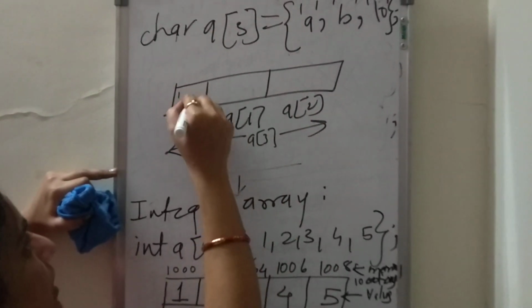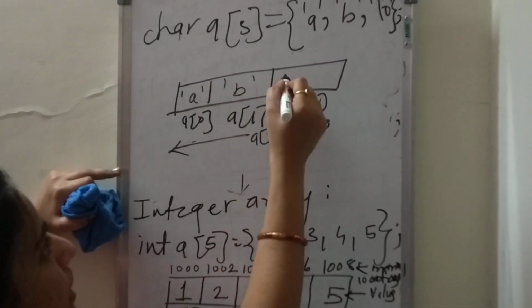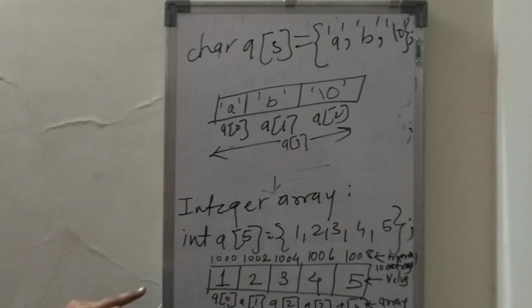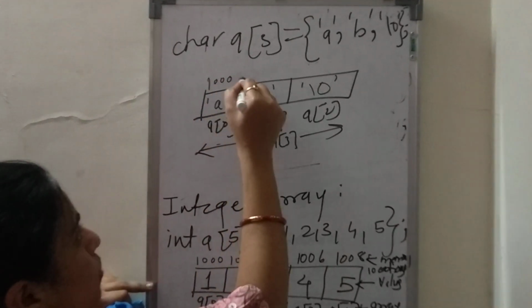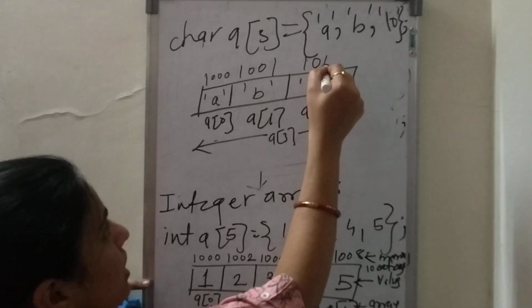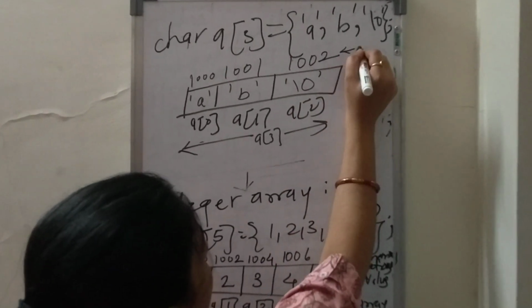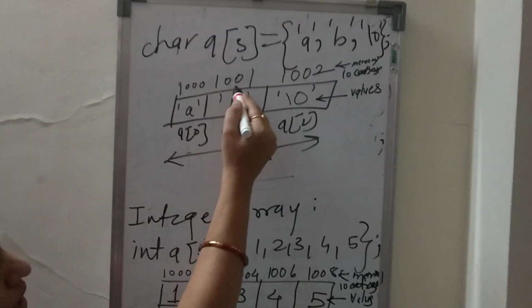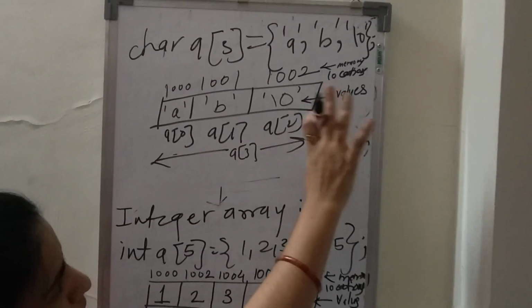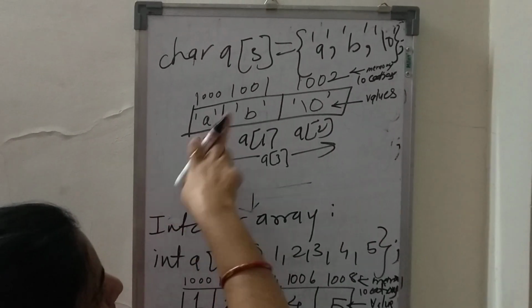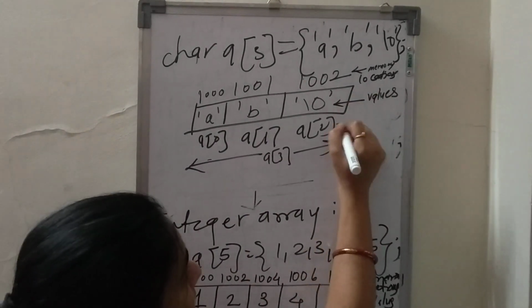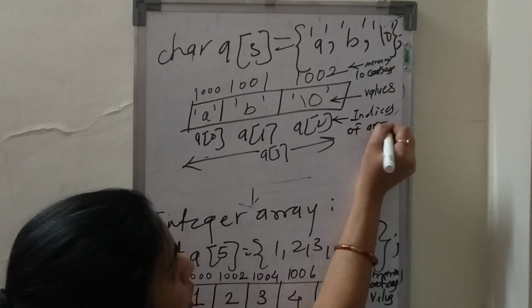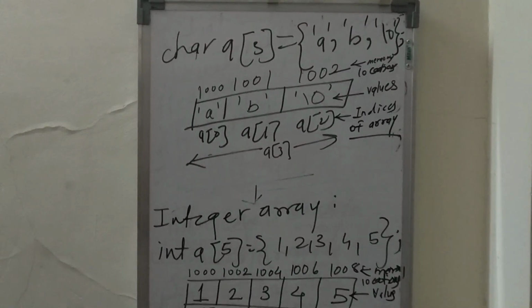So here first A, second B and third \0. Char occupies 1 byte of memory space. So suppose it is starting with 1000, 1001, 1002. So again these are memory locations or addresses. Then A, B, these are values, or characters, and these are indices of array. So this is all about memory mapping of character array in C programming.